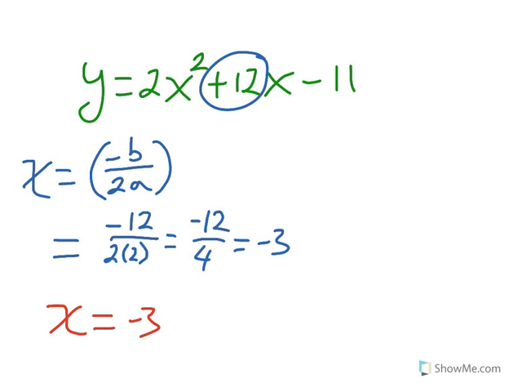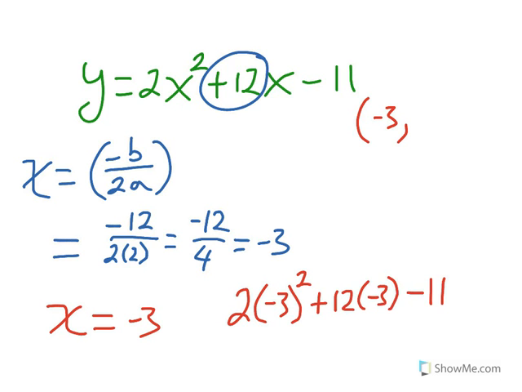To find my vertex, I'm going to use my value for my axis of symmetry, and then I'm going to plug it back in. So 2 times negative 3 squared, plus 12 times negative 3, minus 11. I'm going to square this first.